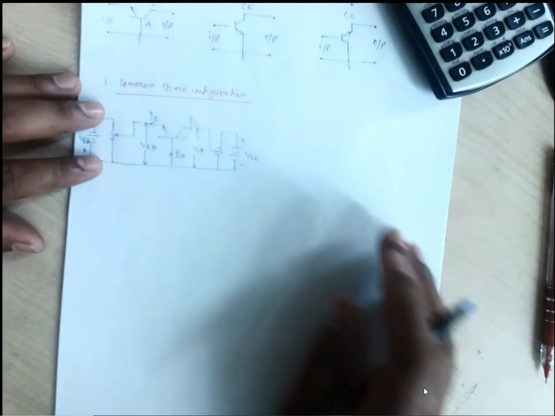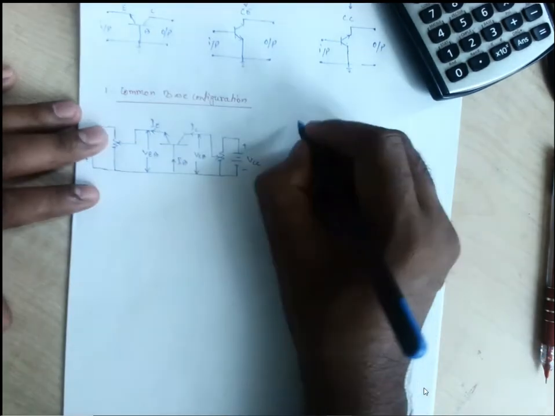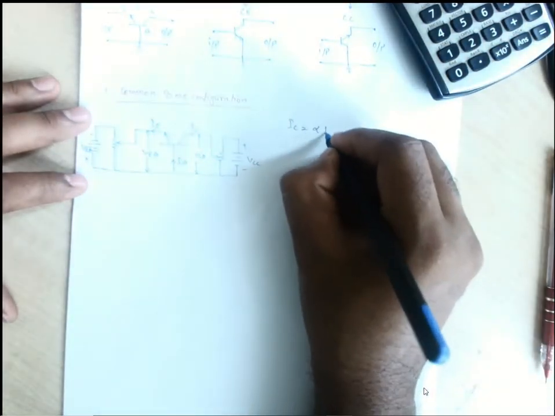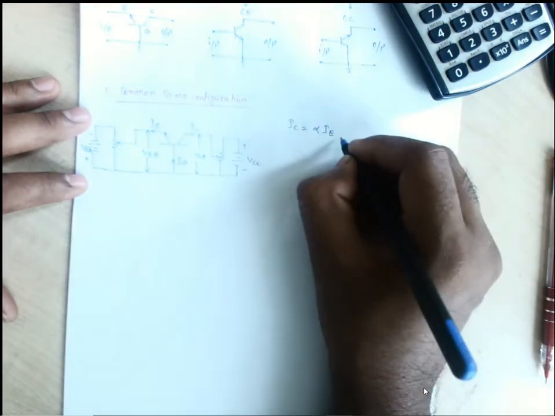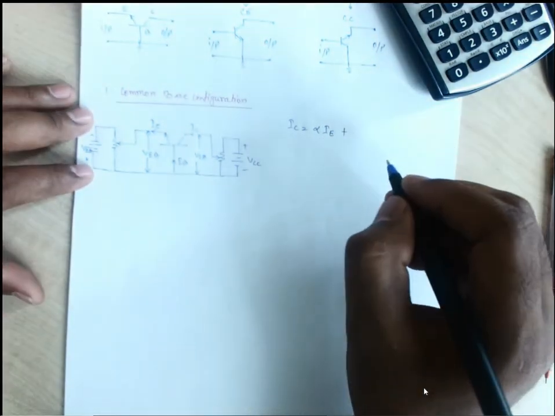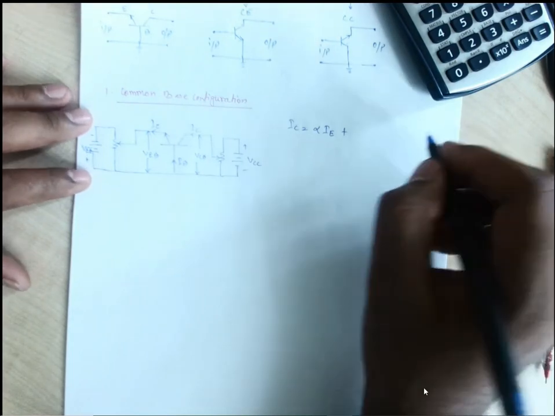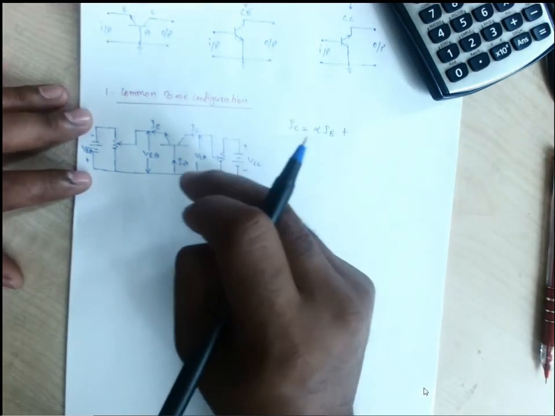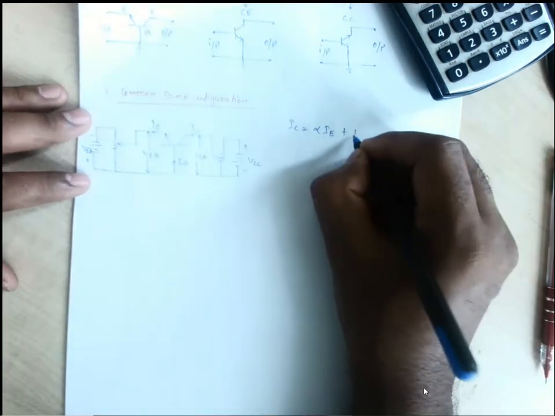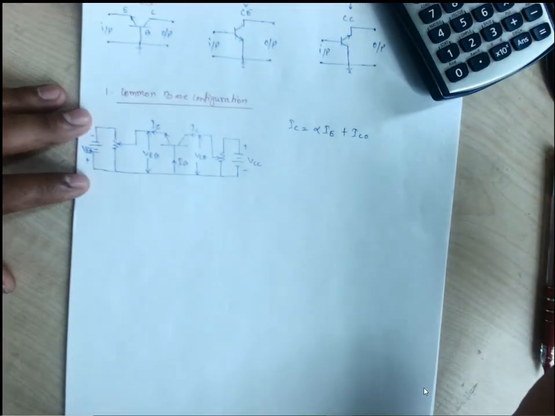So this total current what we have seen, that is IC, it will be alpha IE plus ICO. So what is that ICO? ICO is the ICBO, collector to base current when emitter is open. ICO simply we can write as ICBO.